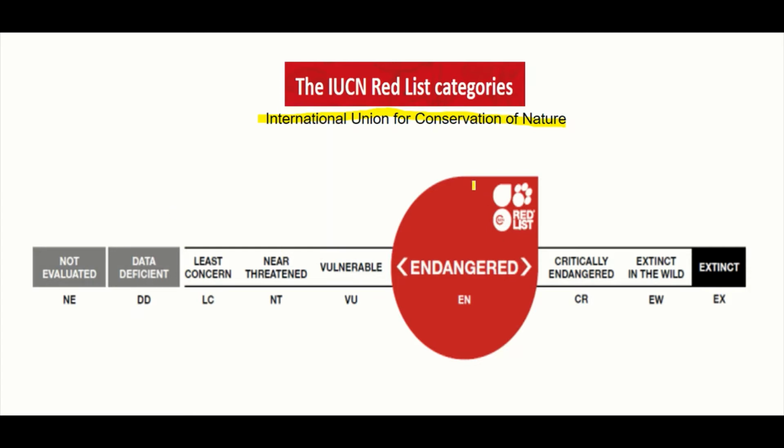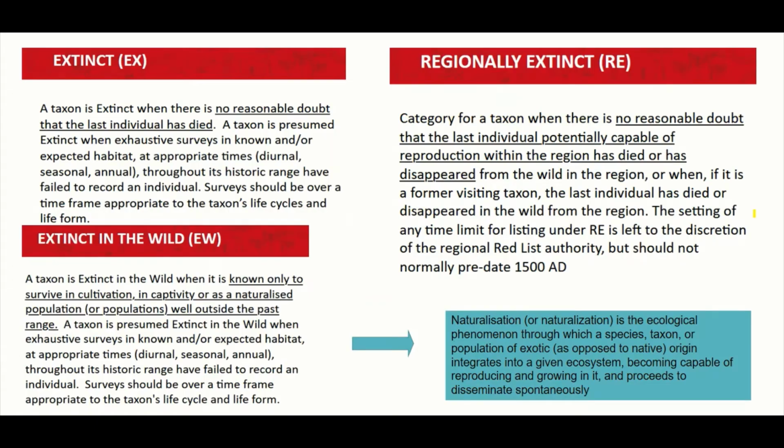And in these red lists, we will have endangered species, vulnerable species, near threatened species, species of least concern, data deficient species, and not evaluated species. And then after endangered, we have critically endangered, extinct in the wild, and finally extinct organisms. So let us look at each one of them.